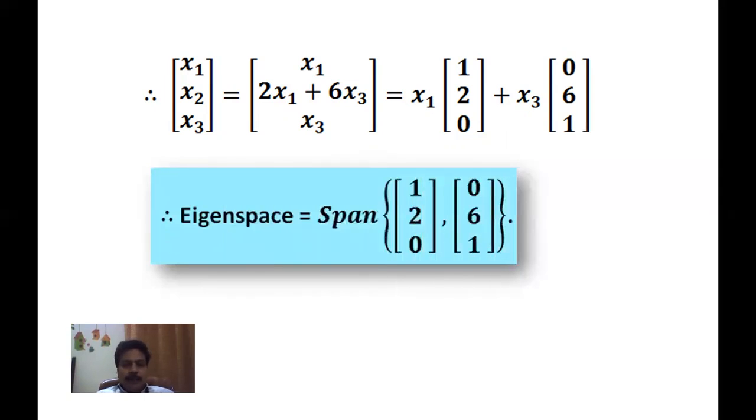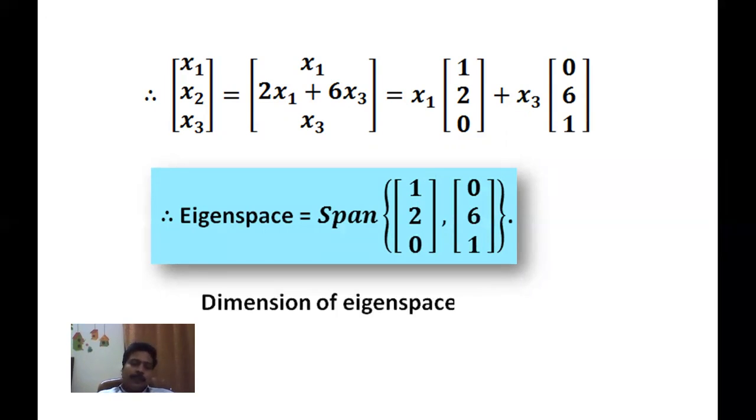So the eigenspace is the span of these two vectors. These two vectors are linearly independent, so they form a basis for the eigenspace, and hence the dimension of the eigenspace is 2.